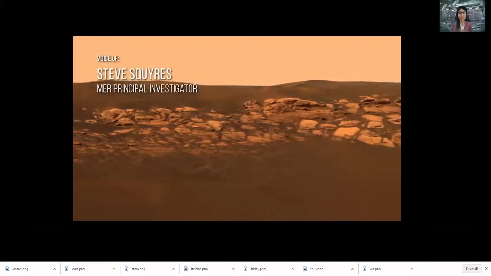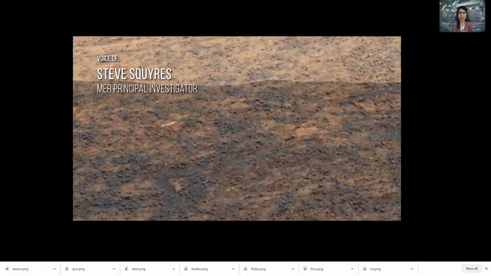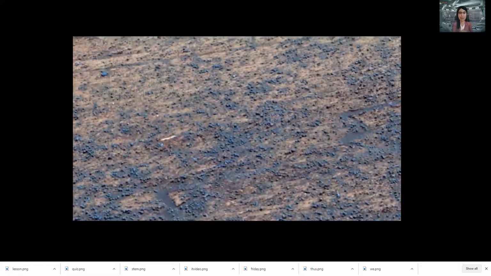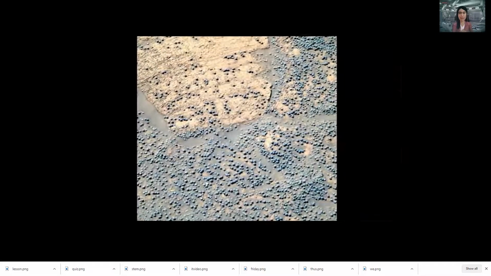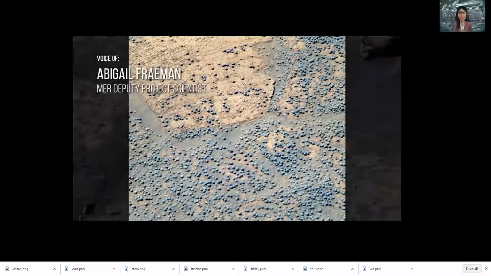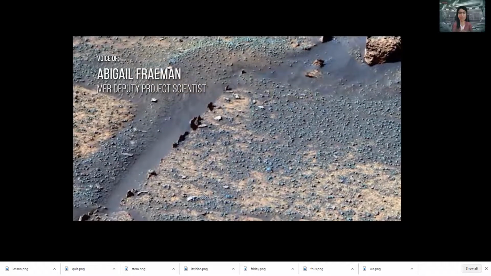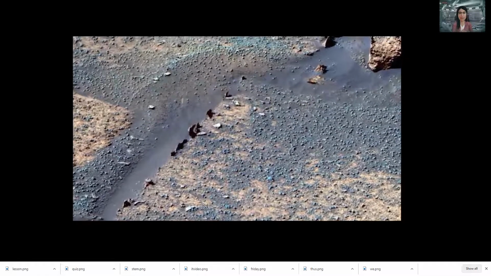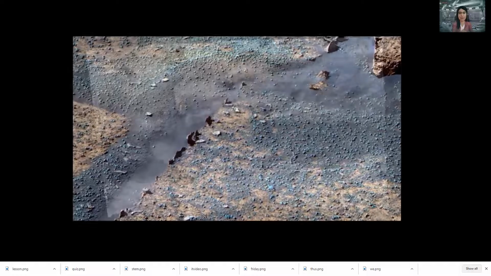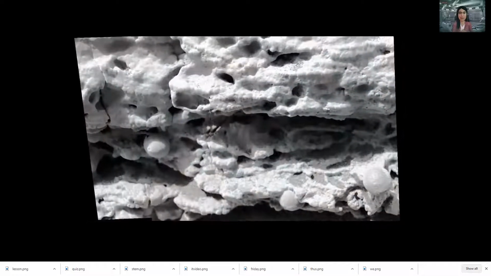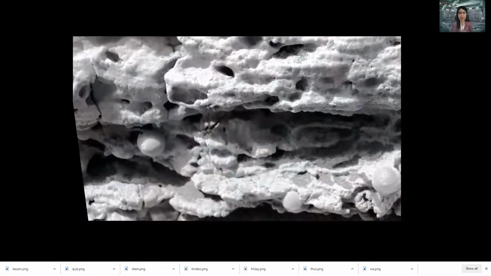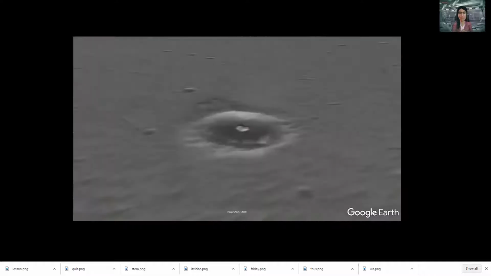So we took out our microscope for the first time and we took a picture, and the surface of Mars at that location is littered with an uncountable number of little round things. That were called blueberries because they looked like blueberries in a muffin. What we discovered was that those are features that form in water, and they were a really definitive sign that there had been liquid water on the surface of Mars sometime in the past.